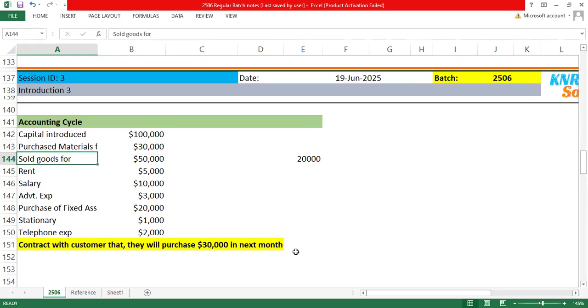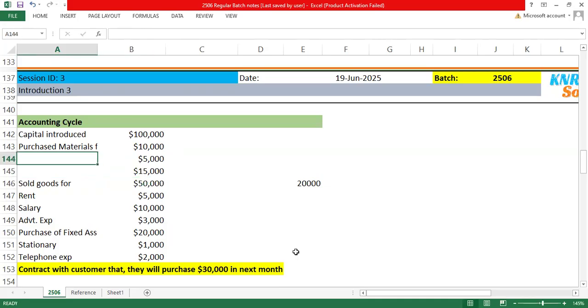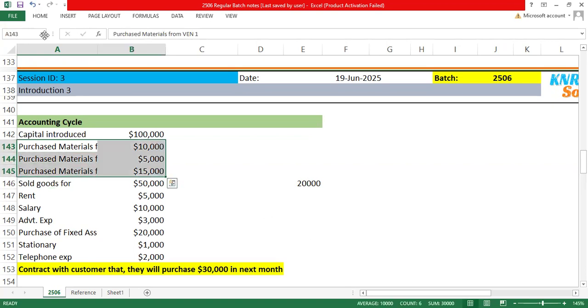So this 30K is made up of 10,000, 5,000 and 15,000 from 3 vendors. Whenever you have 3 different transactions, you need to summarize all of them into one single purchasing activity.